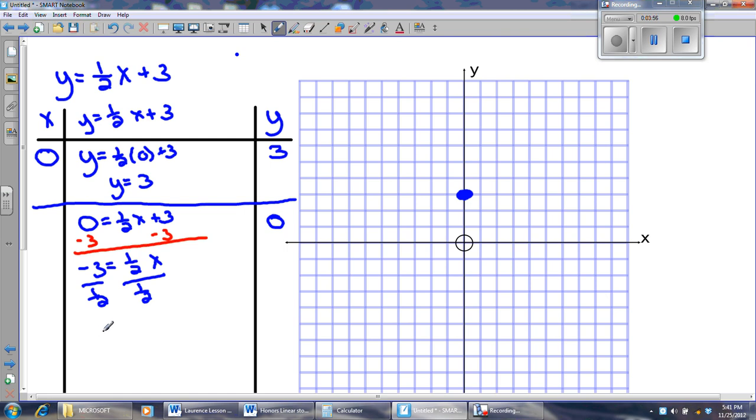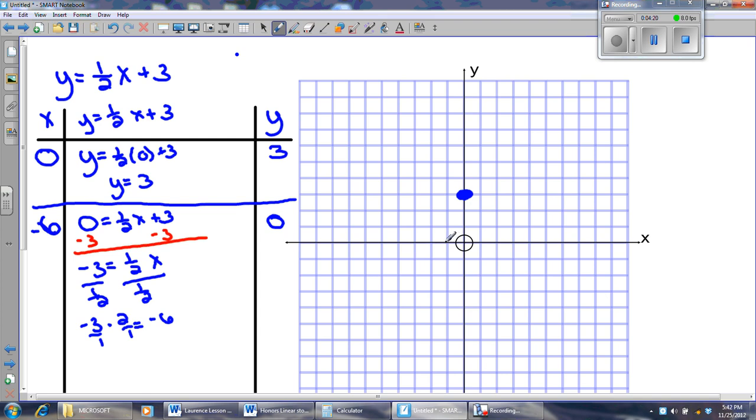Absolutely not. Negative 3 divided by 1/2 is the same as negative 3 times 2 over 1, which is negative 6. So x is going to equal negative 6.